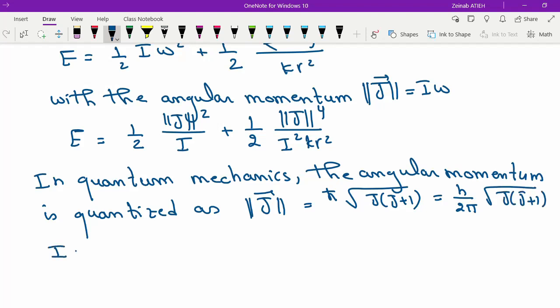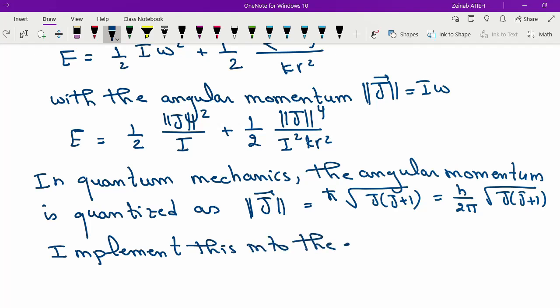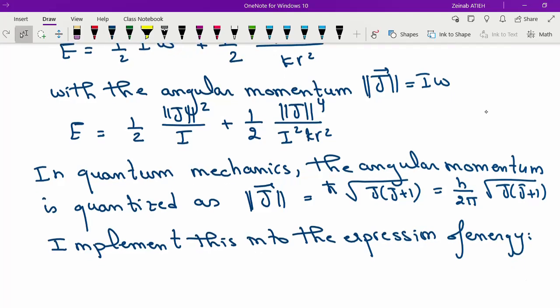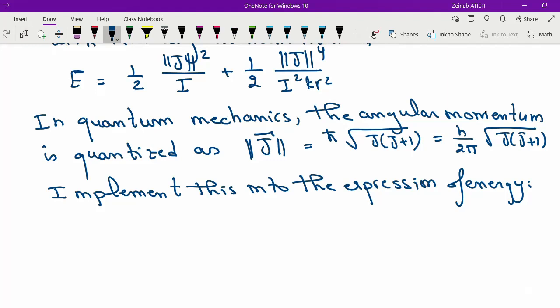Now implement this into the expression of energy and let's see what happens. So E will be equal to half.